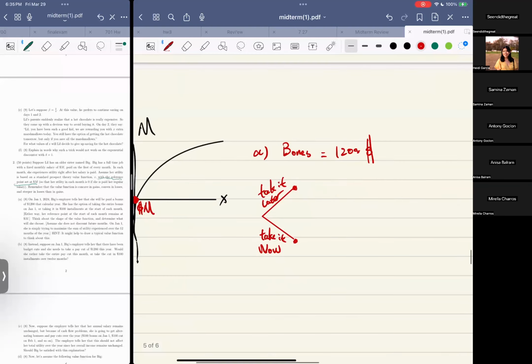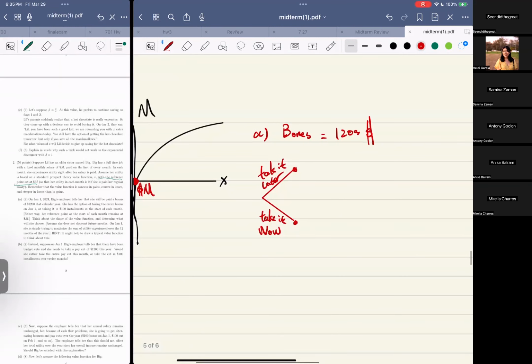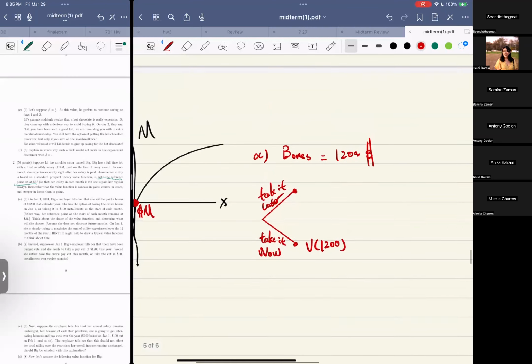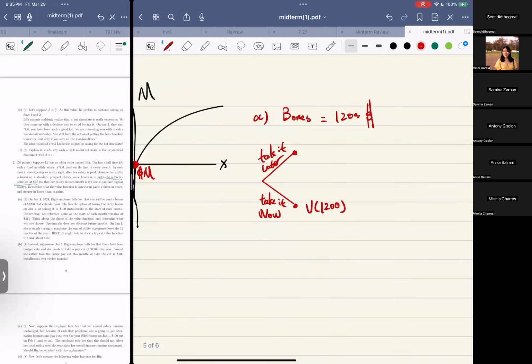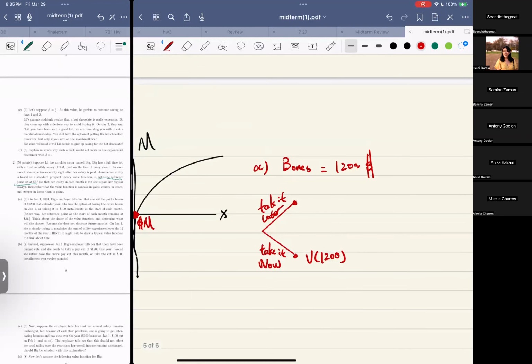What's the value of taking now? The value of taking it now is V of 1200. What about taking it later? Taking it later would be taking $100 installment every month.